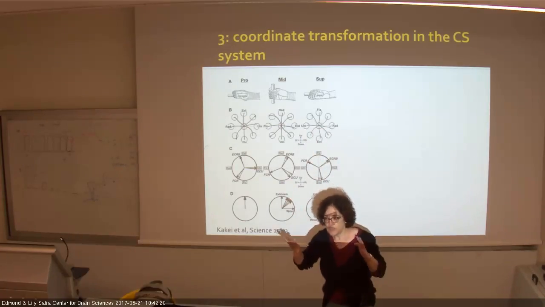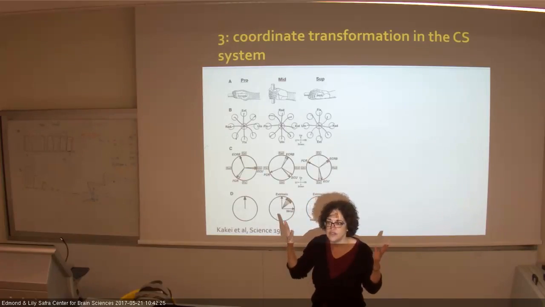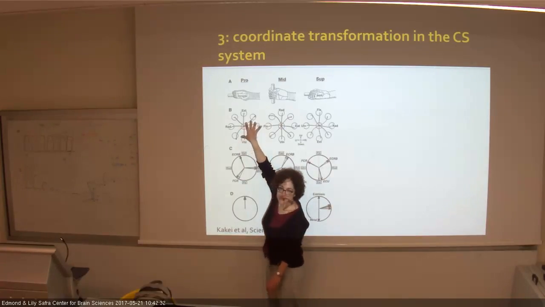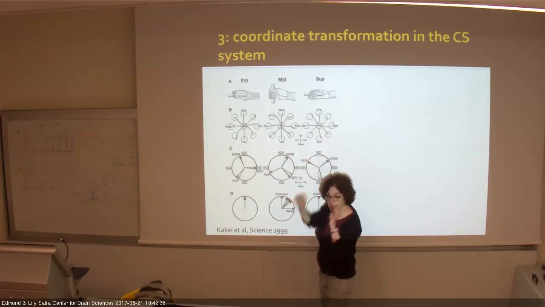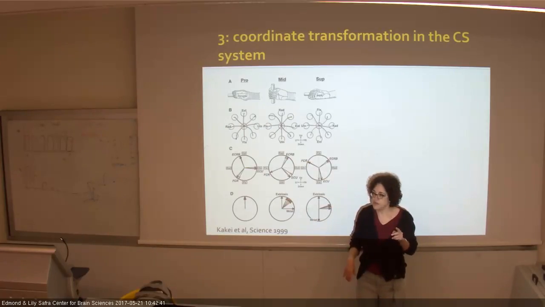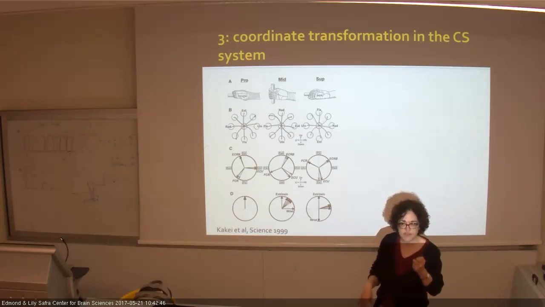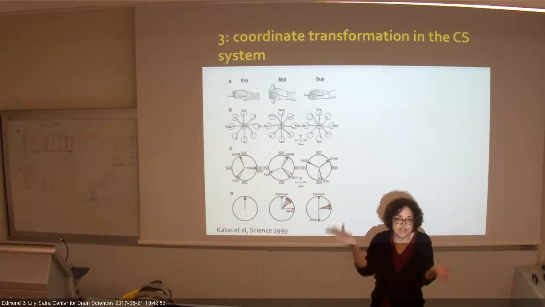But if cells in the motor cortex only code direction, like the abstract direction of the target in space, how much will the preferred direction shift from this to this, if it's only an abstract representation? Sorry? It shouldn't. There should be a zero shift in preferred direction between pronation and supination because the target space didn't change.